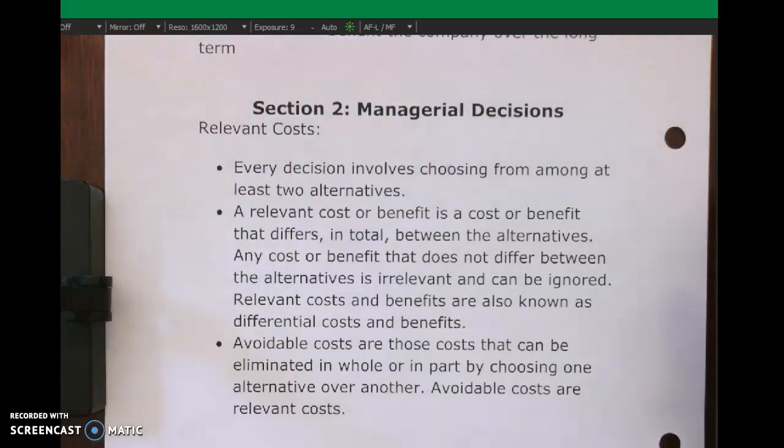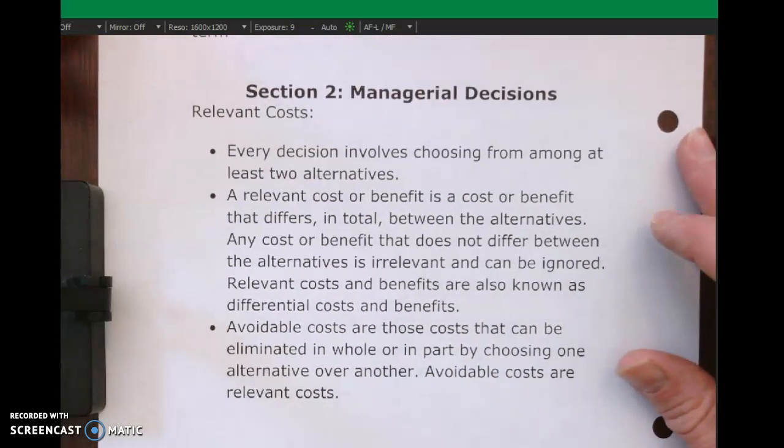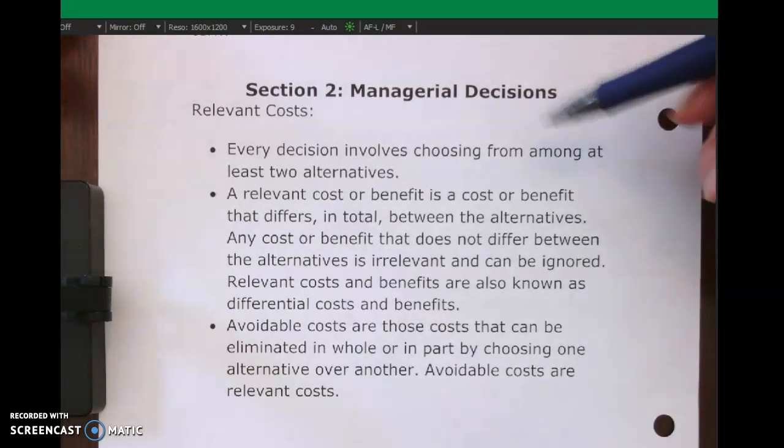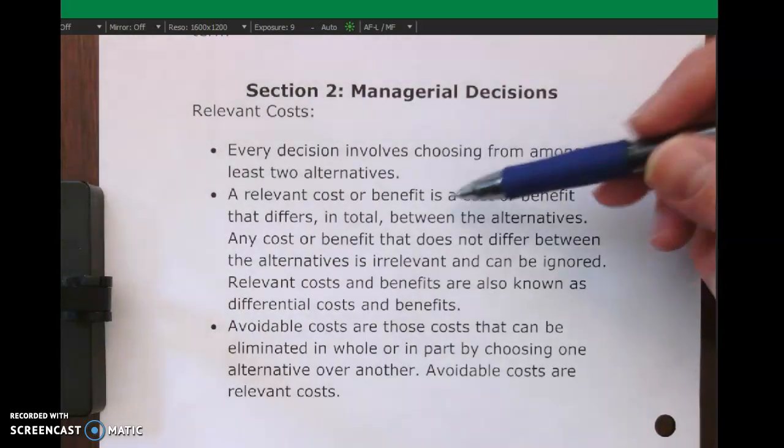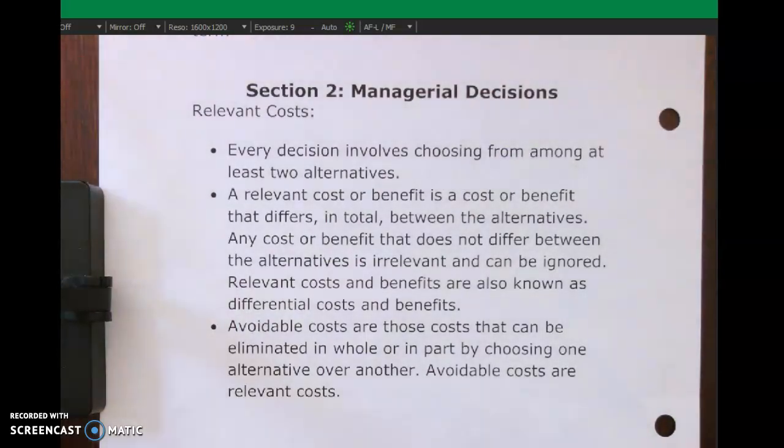So we have to go over some basic things that we talked about in some earlier chapters, which is the idea of a relevant cost or a relevant benefit. A relevant cost or benefit is one that differs in total between two alternatives. If I have some benefit that's the same in alternative one as it is in alternative two, then it doesn't really matter.